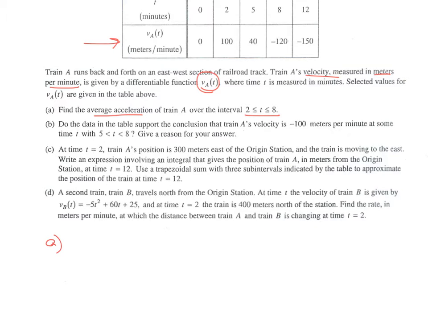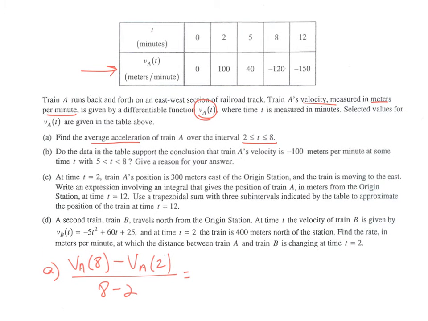So our average acceleration from 2 to 8 would look like this. Our function value at 8 is negative 120, and our function value at 2 is 100.